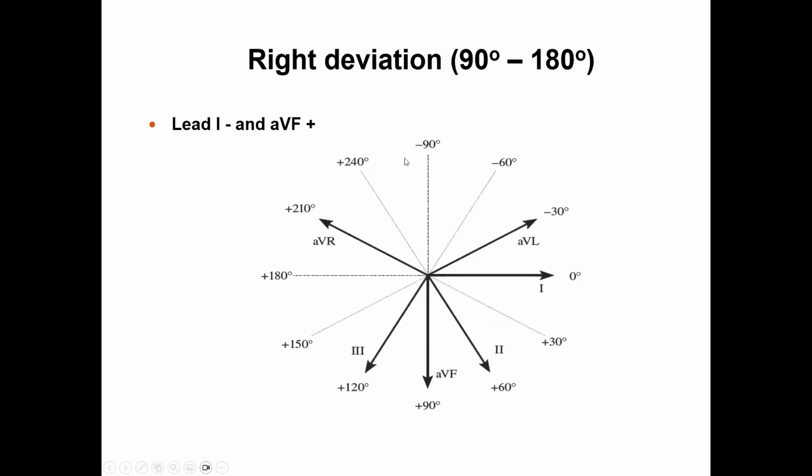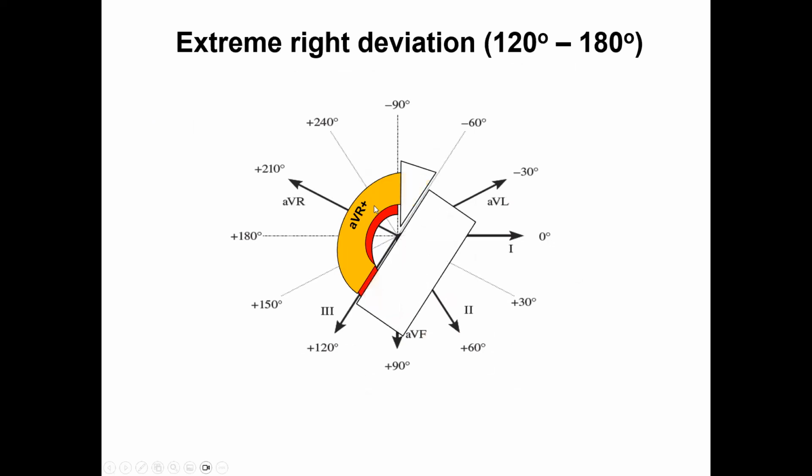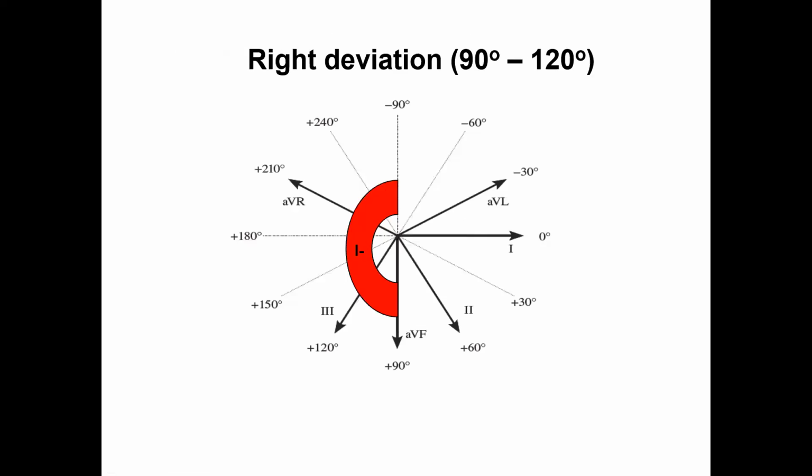Okay. All right. Right deviation, lead 1 is negative for sure. AVF is positive. We are here. And extreme right deviation, you can see whether the AVR is positive or not. When AVR is positive and lead number 1 is negative, you can say that's an extreme right deviation. Only right deviation, usually, when you do have lead 1 negativity and AVR negativity, you are falling between 90 and 120.